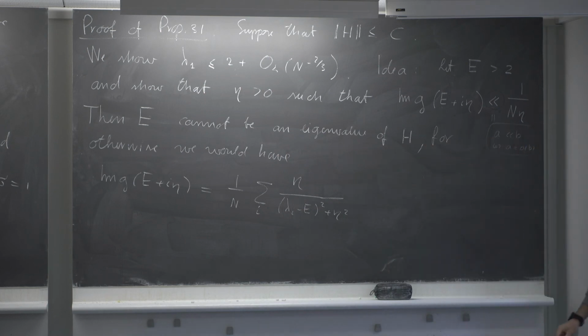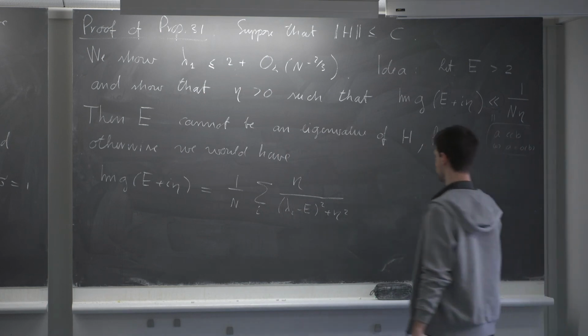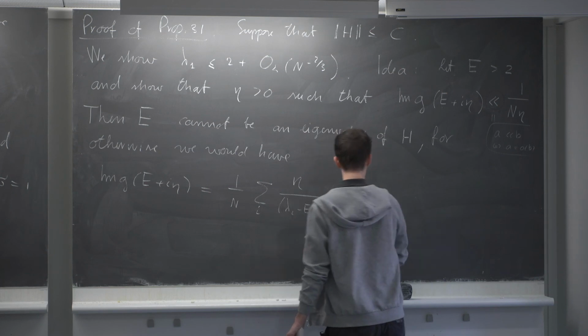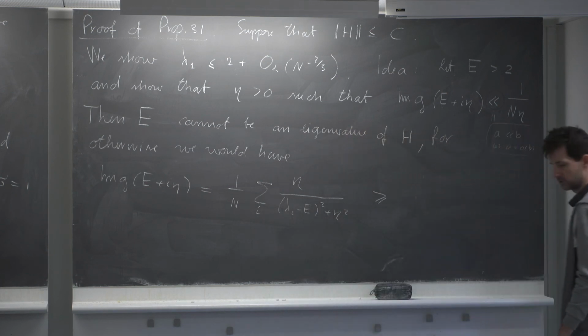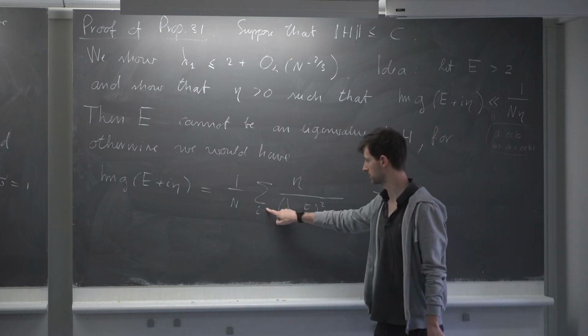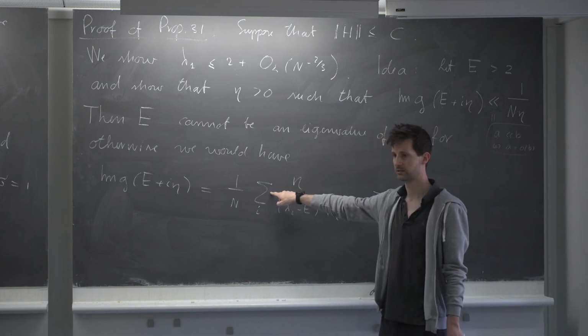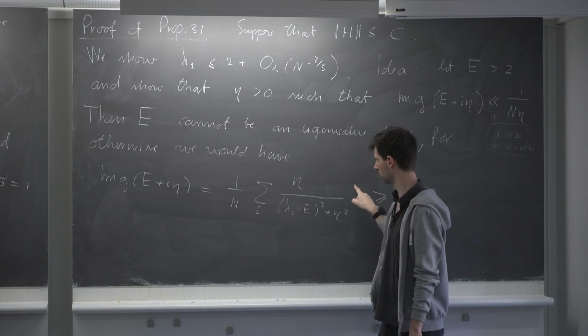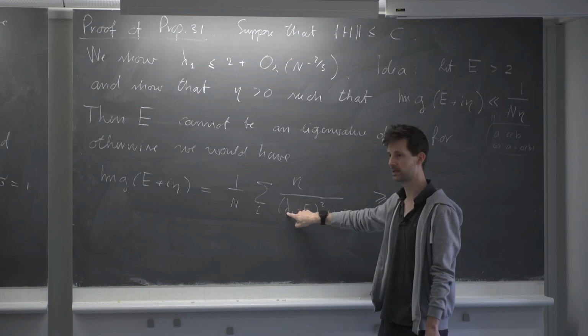This is just the imaginary part of G. And now I do something very brutal, but in fact this is pretty much optimal if you're on small scales. I drop all of the terms in this sum, so they are all positive, and I derive a lower bound by dropping all of them except the one where lambda i is equal to E, right?